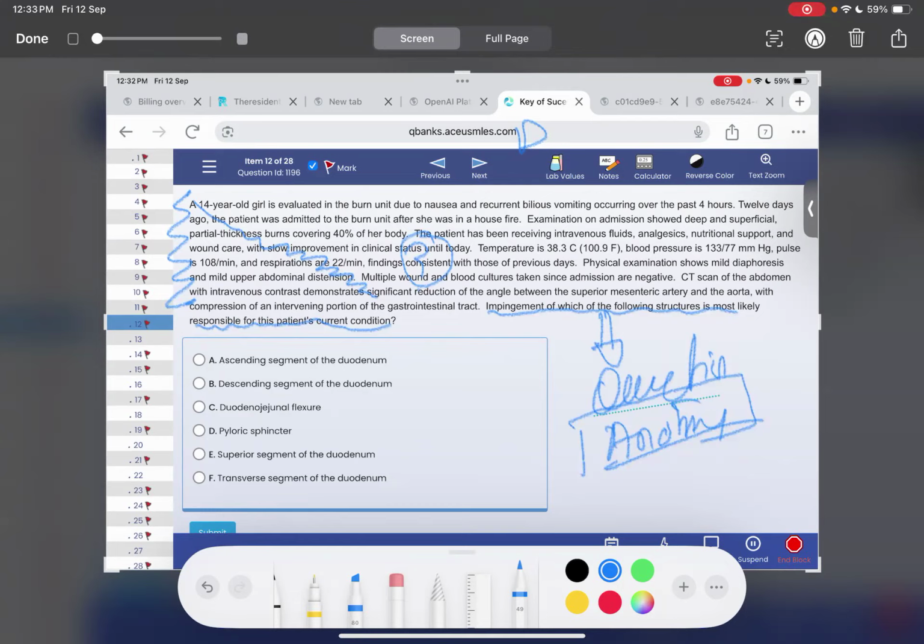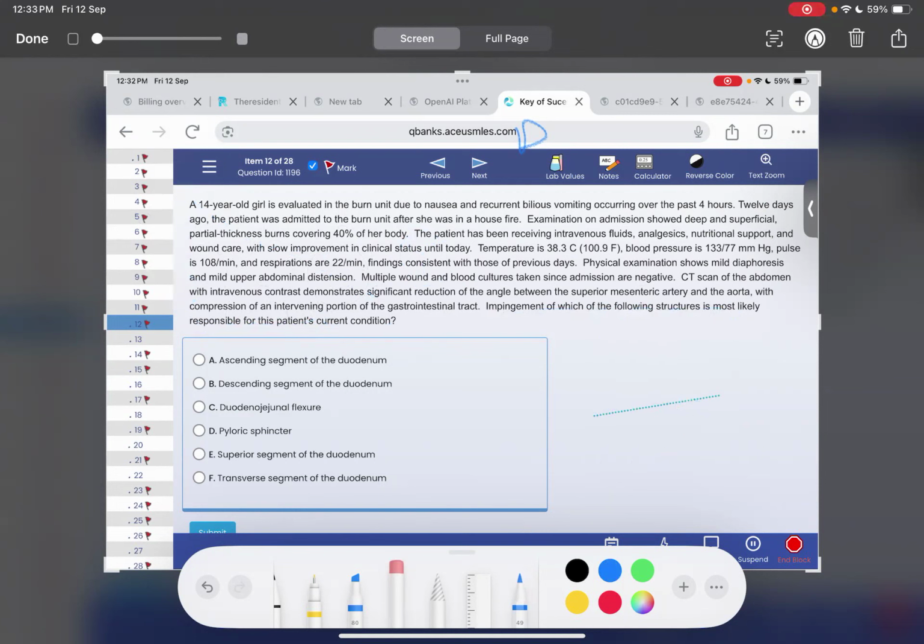Yes, sir. Okay, go ahead and read the question. Impingement of which of the following structures is most likely responsible for this patient's current condition? A 14-year-old girl is evaluated in the burn unit due to nausea and recurrent bilious vomiting for the past 4 hours. 12 days ago, the patient was admitted to the burn unit after she was in a house fire.